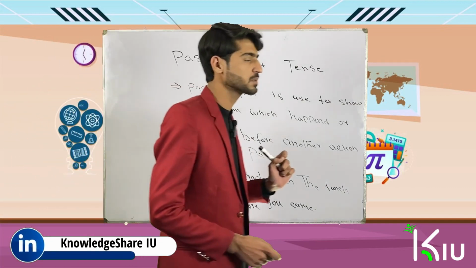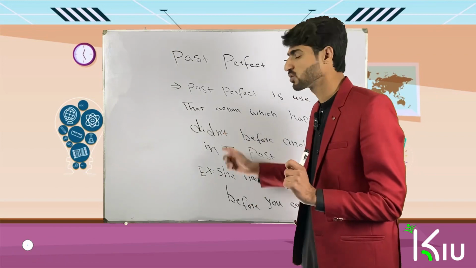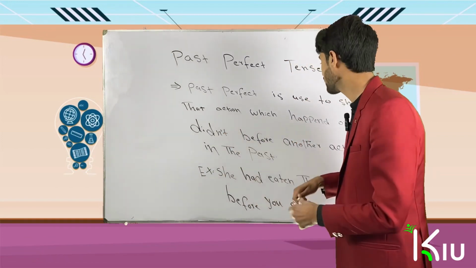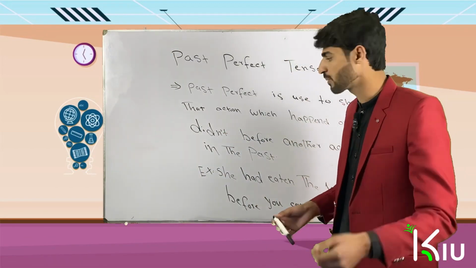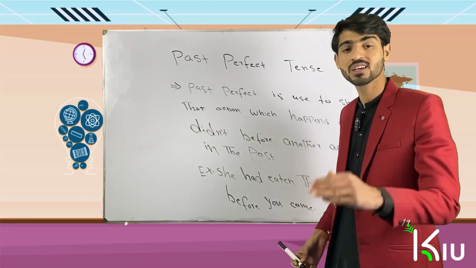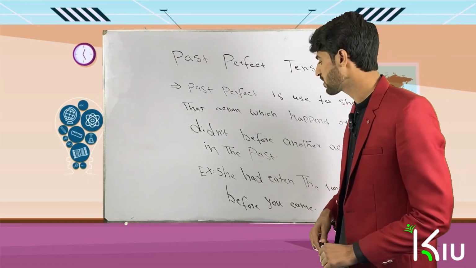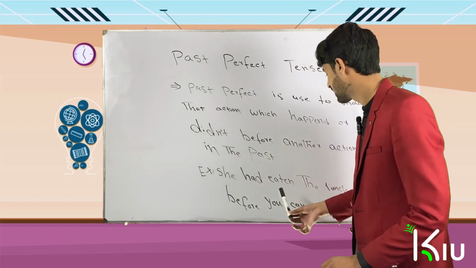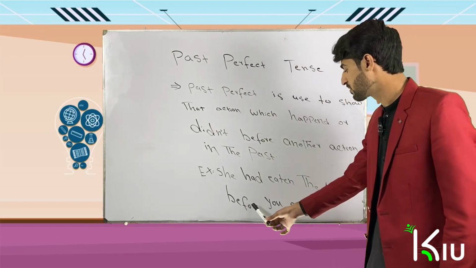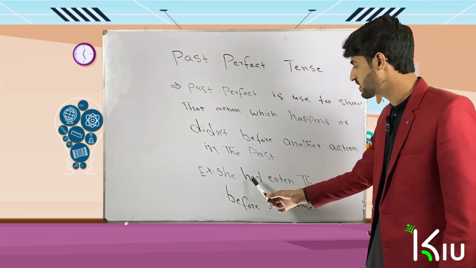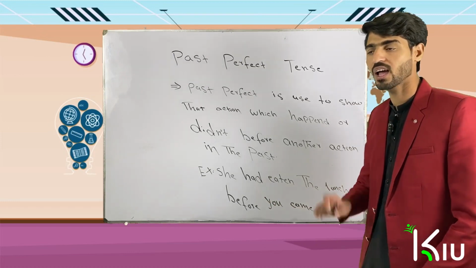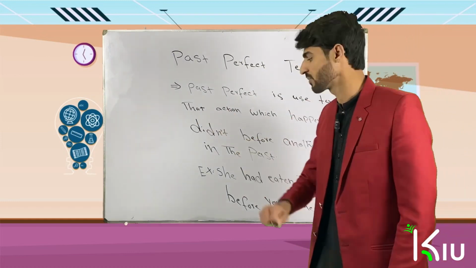Past perfect tense is used to talk about an action which happened or didn't happen before another action in the past. For example, she had eaten the lunch before you came. Here we have two actions. One action happened before another action.